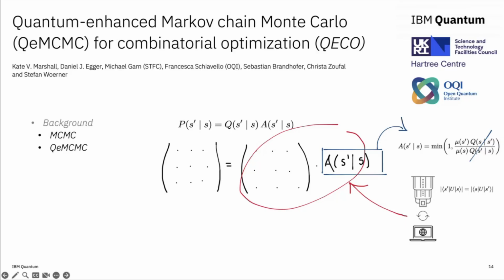In this case, the ratio of Q in our acceptance term cancels, and it makes the computation of our classical acceptance term tractable. So we have a statistically rigorous way to run a quantum enhanced Markov chain Monte Carlo procedure using a quantum device as the sampling engine for the proposal distribution.